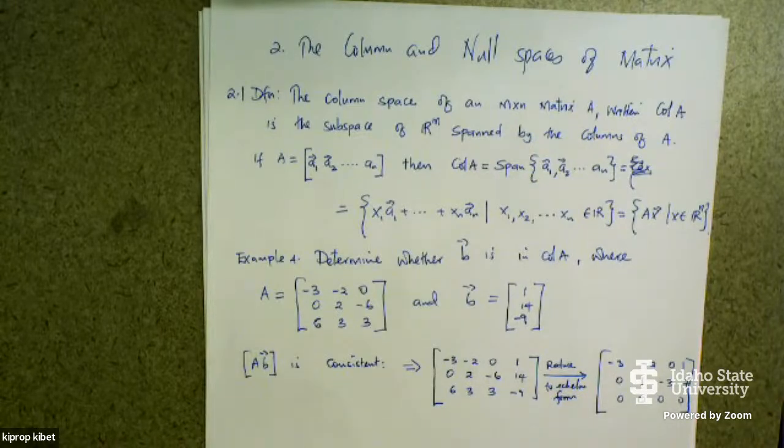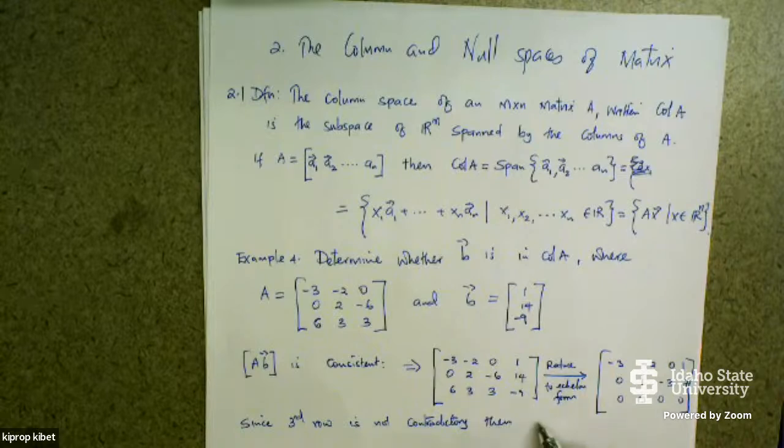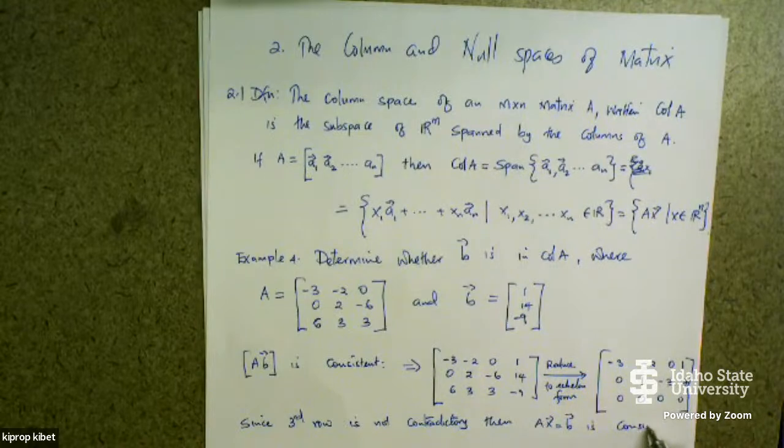Since the third row is not contradictory, Ax equals b is consistent, and b is in the column space of A.